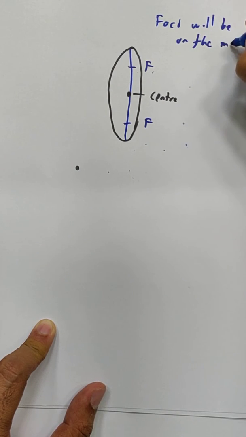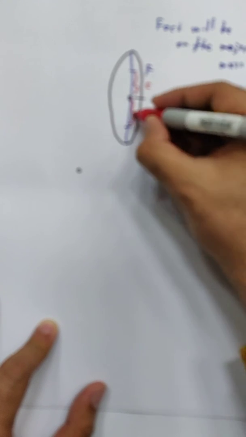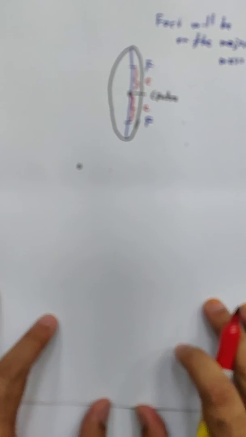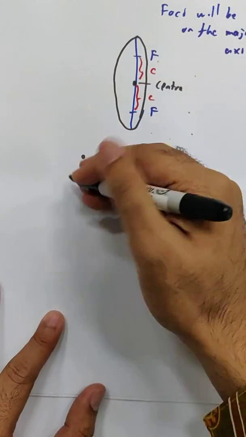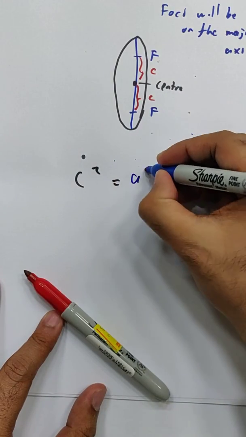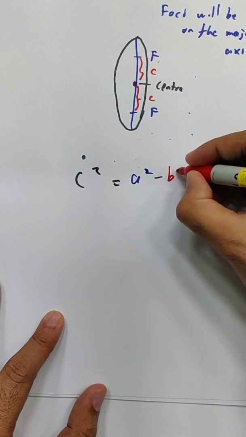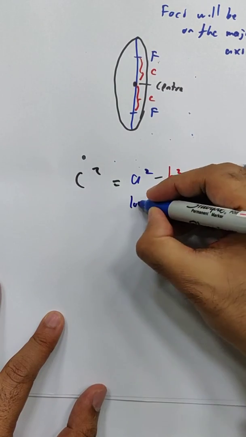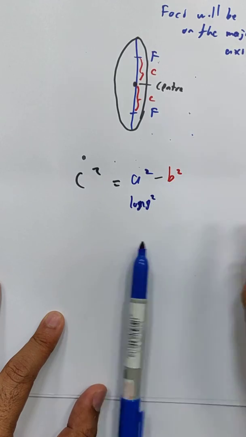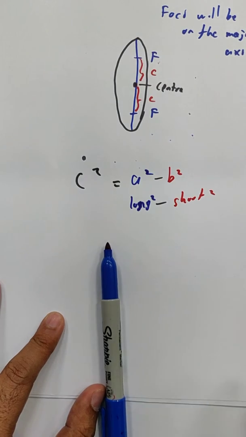If I were to be more exact, the major axis. What's the distance here, class? C. What's the distance here? How do we get C? C squared equals A squared minus B squared, or long squared minus short squared. Are you okay?